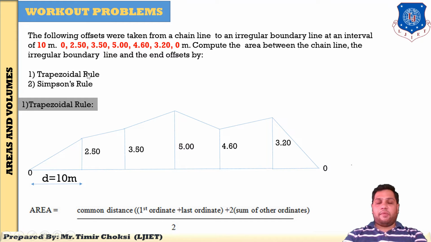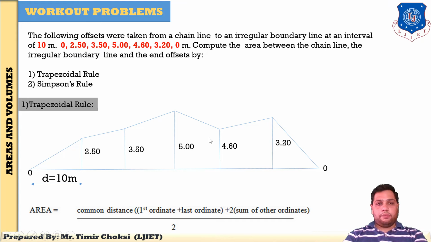Particularly for this type of example, trapezoidal and Simpson rule, first you count the number of ordinates. Here the number of ordinates is 1, 2, 3, 4, 5, 6 and 7. So there is no limitation, because Simpson rule is used for odd ordinates, and here the ordinates are odd.